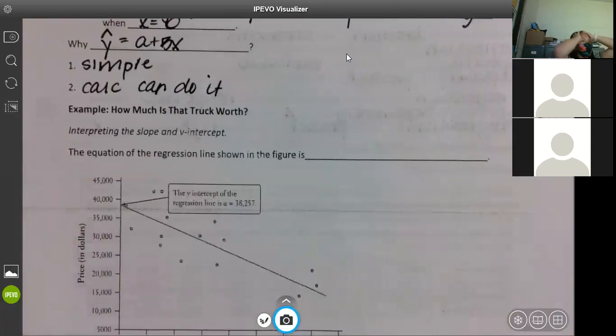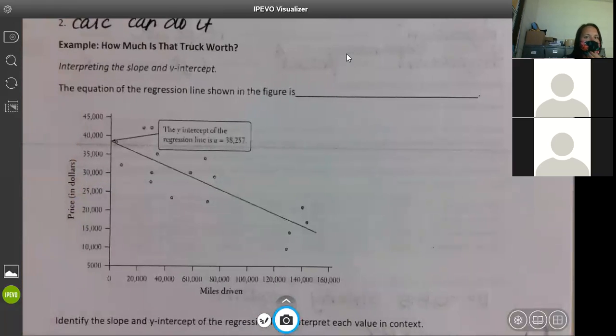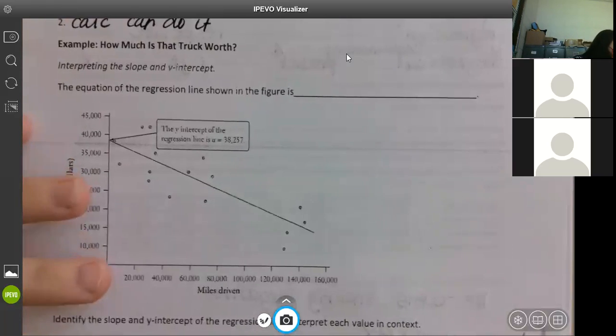Now they're also going to eventually give you a set of data where you have to pull those mini tab outputs or whatever, where you have to pull the equation out of there. It's really simple. You just got to remember which one's which. That's the biggest deal, a lot of times they get reversed. So make sure it's the same every single time. All right, interpreting the slope and y-intercept. The equation of the regression line shown in the figure.